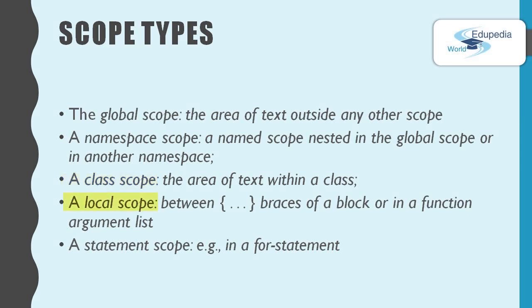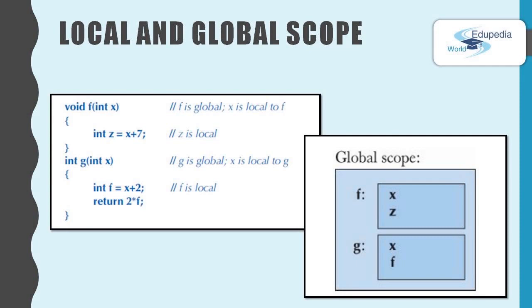The fourth one is a local scope. It is between curly braces of a block or in a function argument list. The last one is a statement scope. For example, it can be a for statement, an if statement, etc. The main purpose of a scope is to keep names local so that they won't interfere with names declared elsewhere.